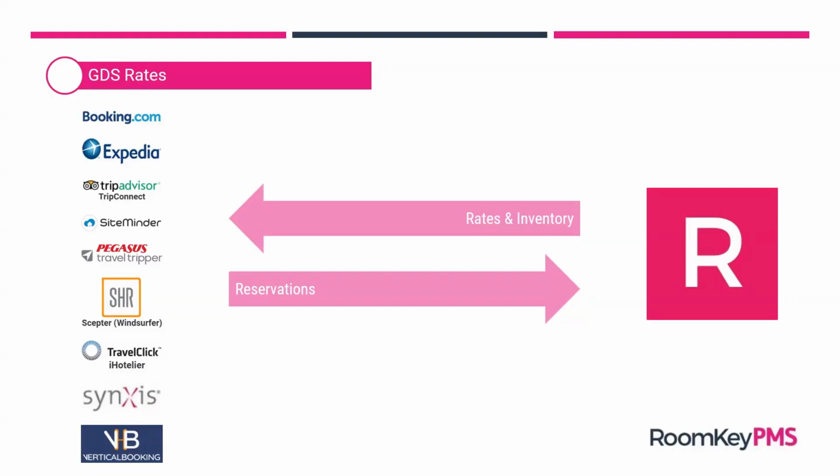And we're also sending inventory information, directly from your inventory in Rate Wizard in Roomkey, to those connectivity partners. When a booking is made on one of those platforms, the reservation information is then sent back down into Roomkey with the guest name, contact information, the rate plan, and the pricing that was booked on those platforms.